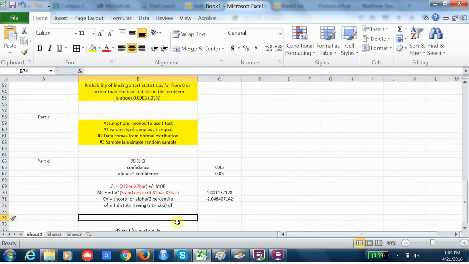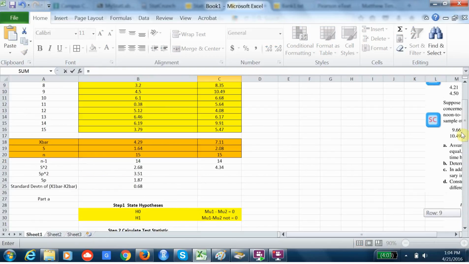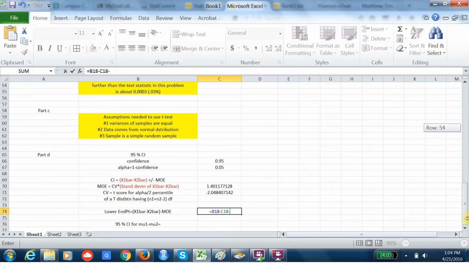So first I'll do the lower endpoint, which is just going to be equal to x1 bar minus x2 bar minus the margin of error. And so I have that information. I go up here and I take x1 bar minus x2 bar minus, and my margin of error is right here. Okay.